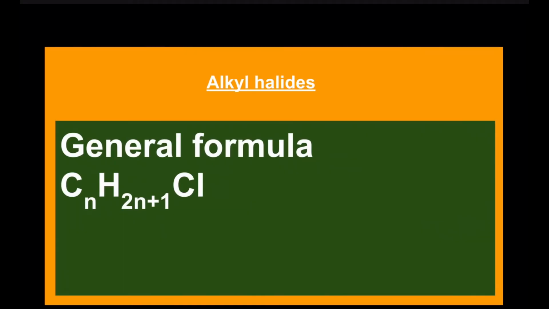Now comes another homologous series, that is alkyl halides. In case of alkyl halides, the naming is done in this way, that the word root is written and the prefix is written for the halogen which is bonded to it. For example, if chlorine is bonded to it, then the prefix chloro is written.